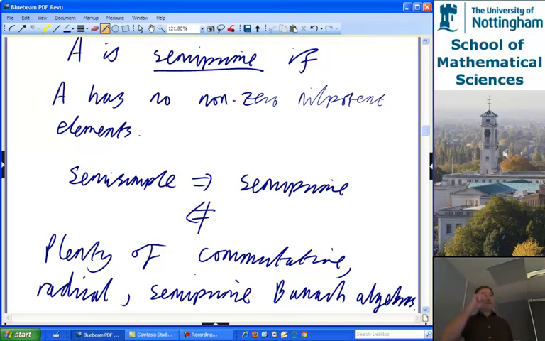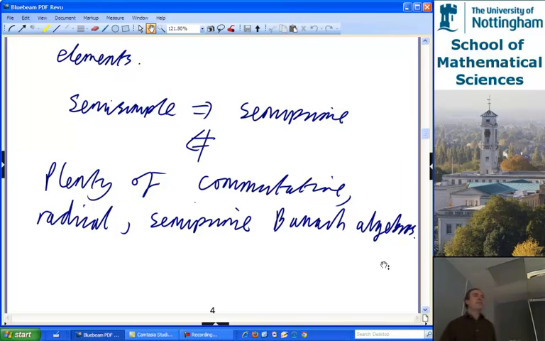So plenty of examples around which are very different from semisimple. I should say you may want to unitize them if you want to get into the unital setting, but certainly they can be very far from semisimple.